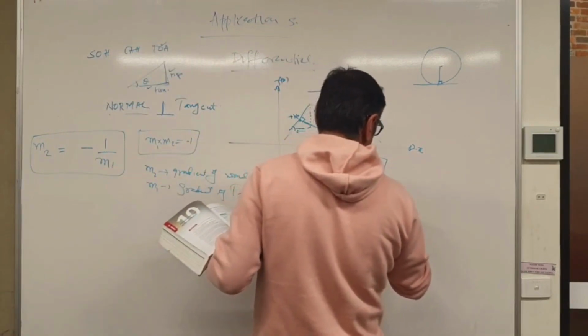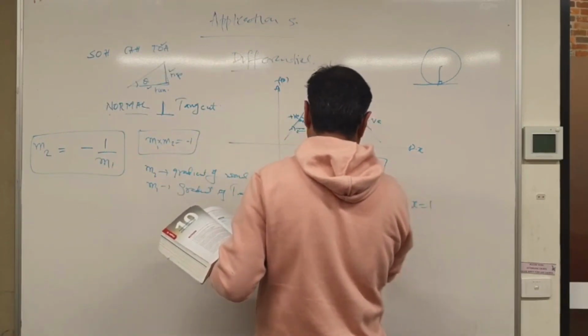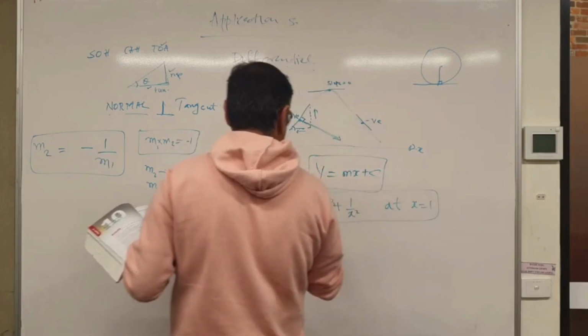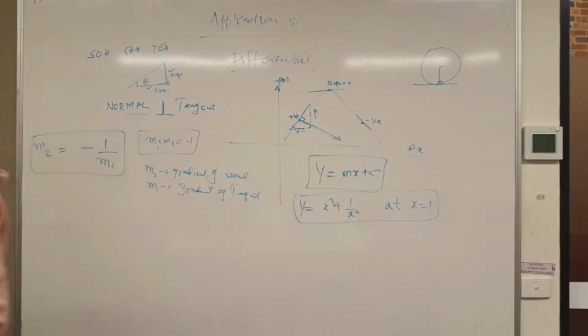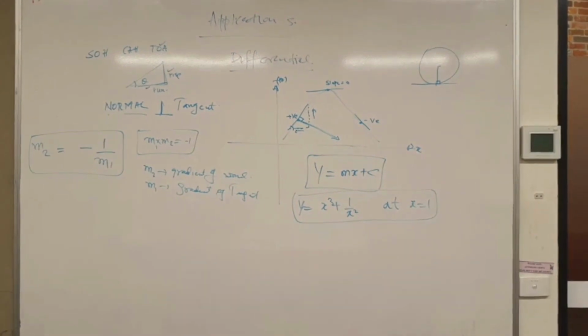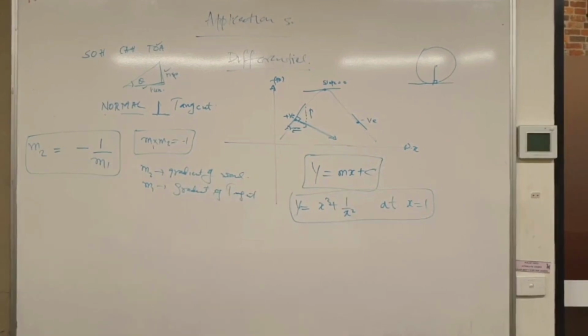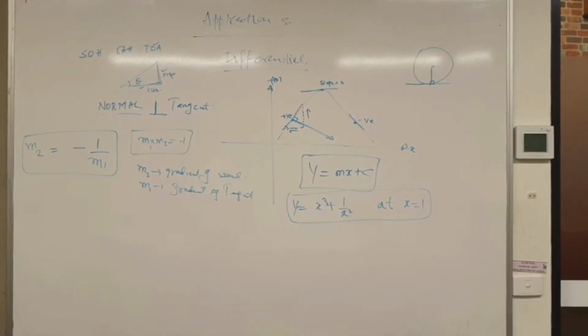Equation of the tangent at x equals 1. I'm not dealing with the normal. Just find me the equation of the tangent line that you will draw at the point x equals 1 for this graph. Quick. Think about it. What will be the first step here?